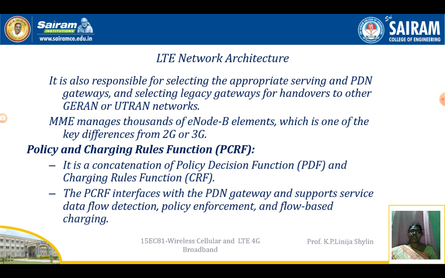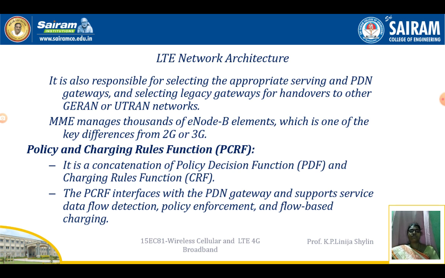The last is the policy and charging rules function. This is the combination of the policy decision function and the charging rules function, and it will interface with the PDN gateway. It also supports services such as data flow detection, policy enforcement and flow-based charging.